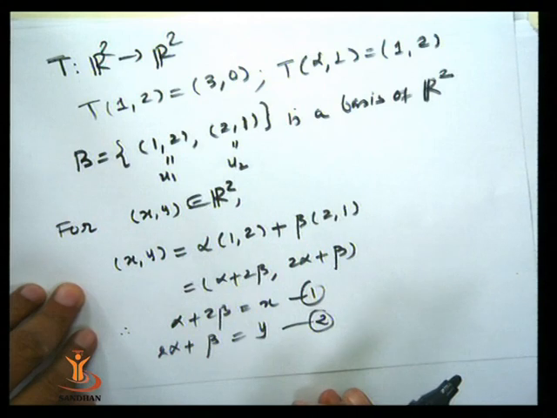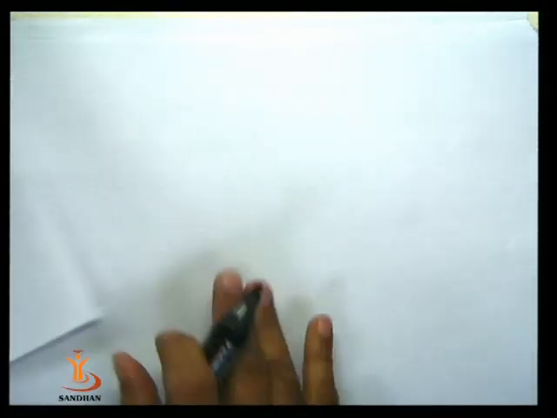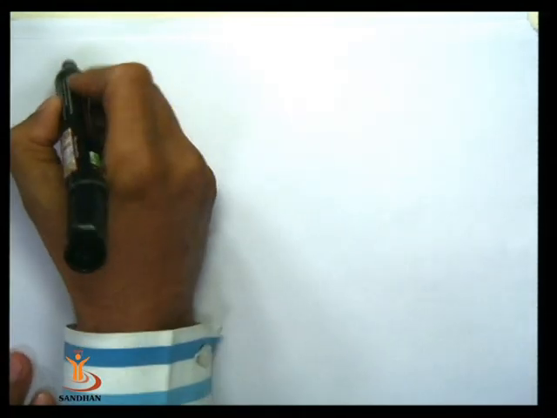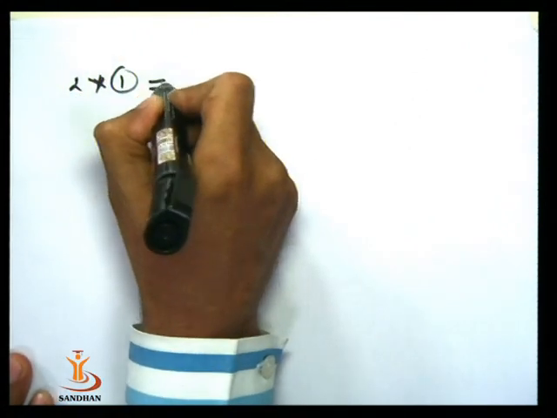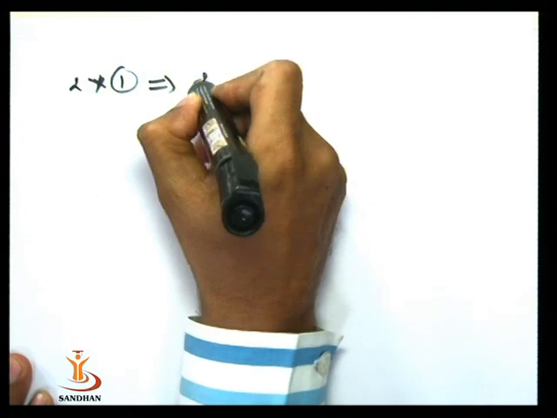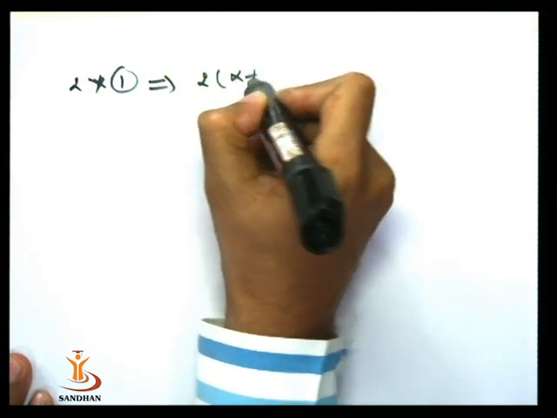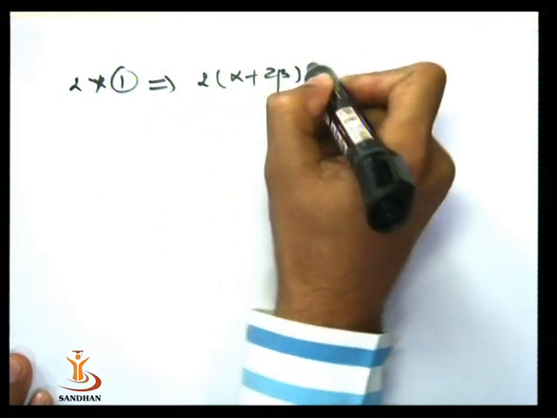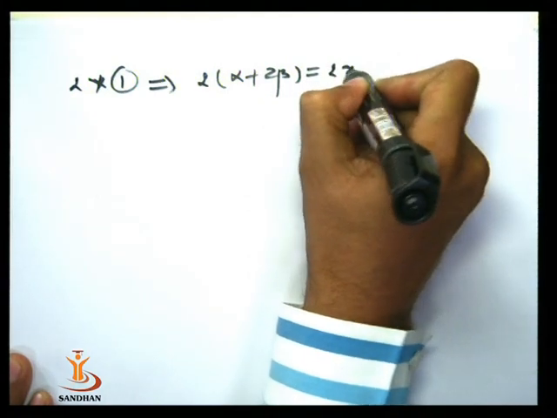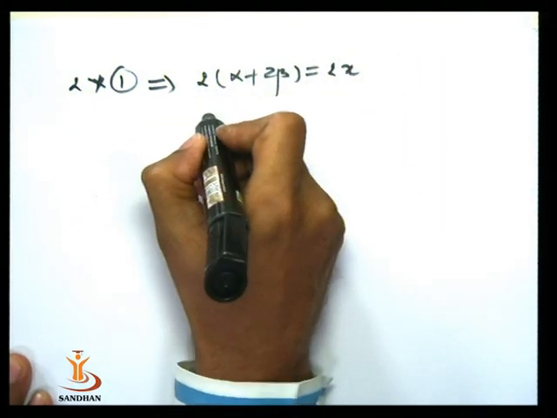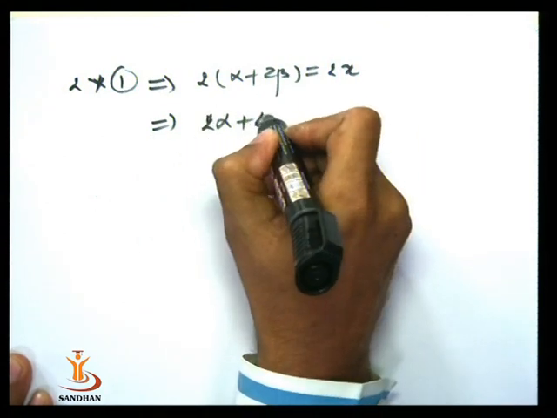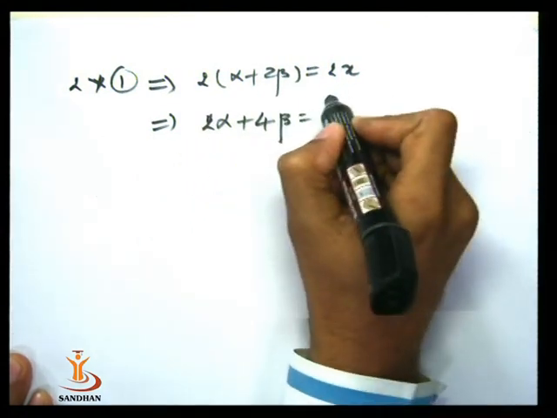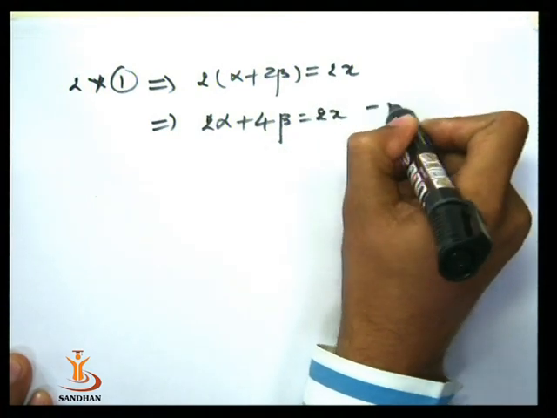Now taking 2 into 1, we get 2 alpha + 4 beta = 2x. Say 3.